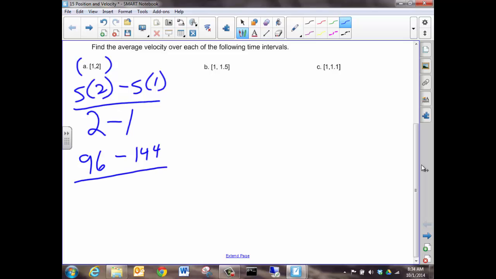Divided by 2 minus 1, which is 1. So 96 minus 144 is negative 48 divided by 1. Why negative?